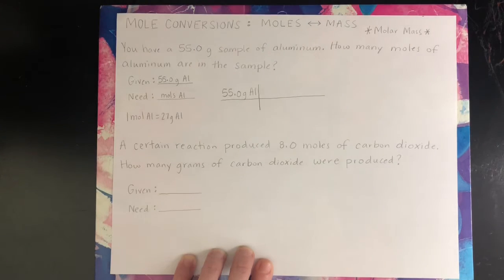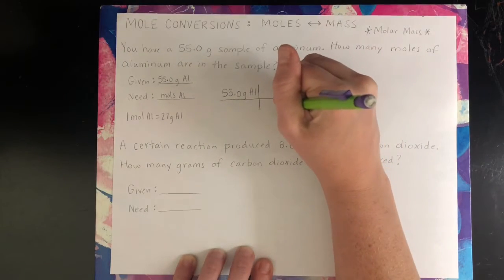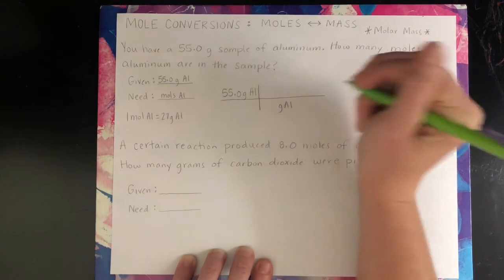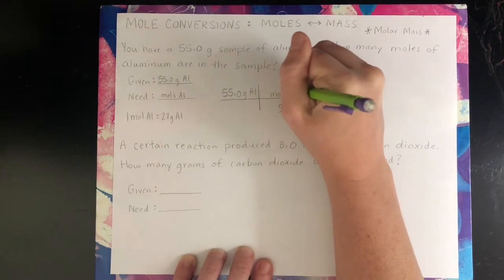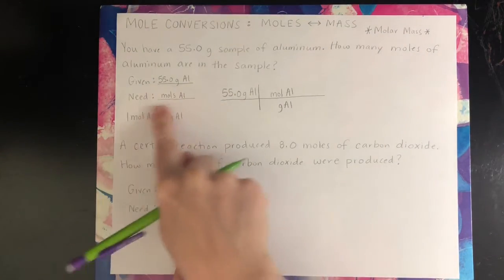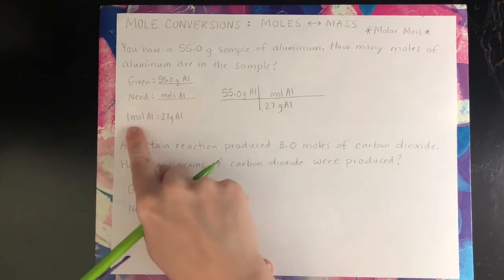Okay, now I have to do what? Bring my units diagonally down. Yes, good job. Way to go. Grams of aluminum, and I want to convert to moles, and I can go straight to moles using this conversion factor here. So 27 grams, 1 mole.